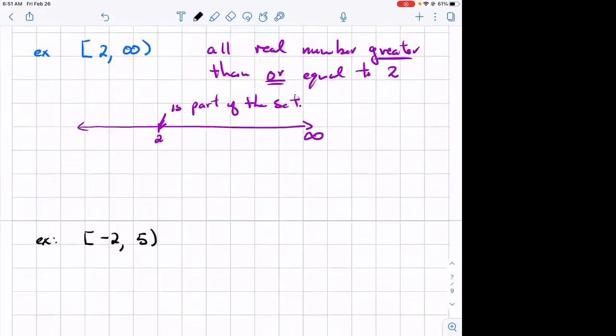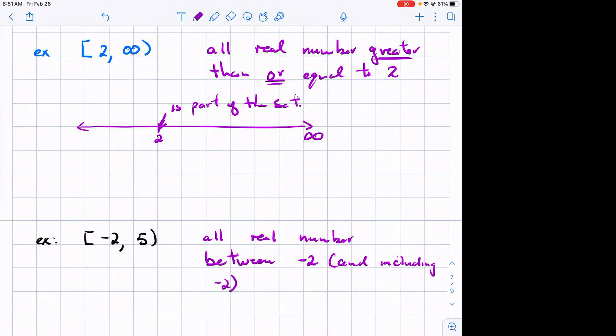So let's finish up this one here. This consists of all real numbers between -2, including -2, and +5, not including 5.